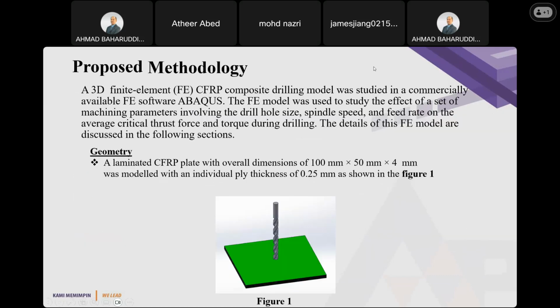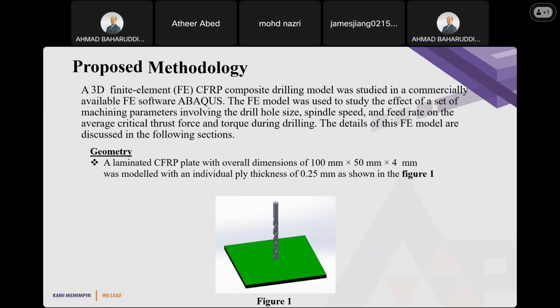Here I will explain the methodology. You know, the finite element is very important, especially in engineering, to estimate what's going on before the experimental work.